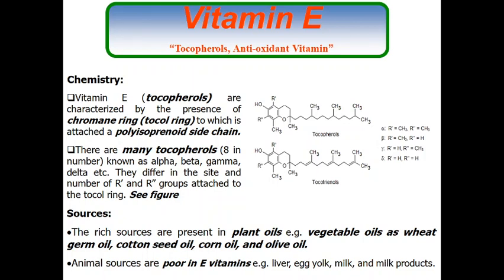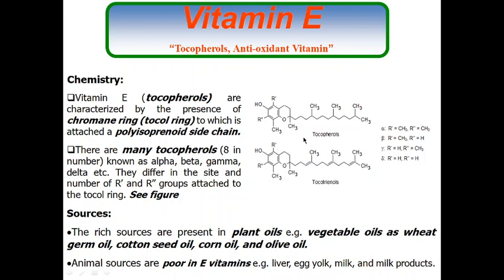They are termed alpha, beta, gamma, delta tocopherols, etc. The difference between the different tocopherols is in the number of carbons and the structure of radical 1 and radical 2 groups attached to the tocol ring. So the differences between alpha, beta, gamma and delta is the structure of the R groups attached to the tocol ring.